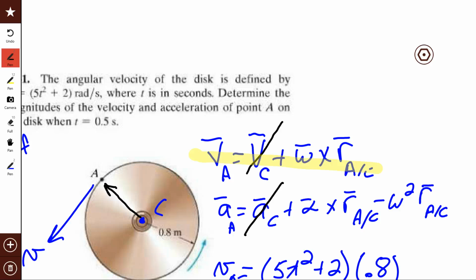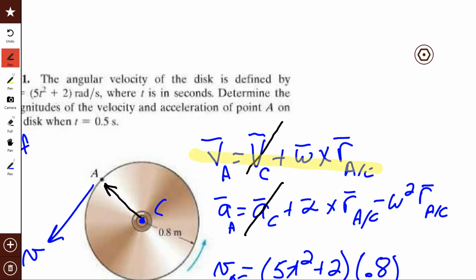I do not then need the cross product. What I need is the magnitude because I know which way it's going. What's the magnitude? It's omega times distance. What's this distance here? 0.8.